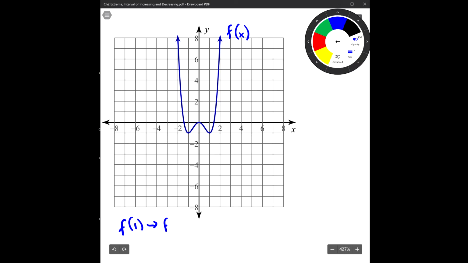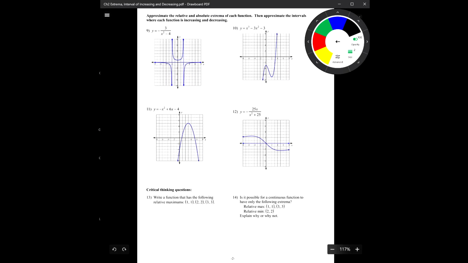That means find the y value when x equals 1. So now I look on the graph for x equals 1. X equals 1 is right here. So I try to figure out the point on the graph when x is 1. Now I found this green point right here.